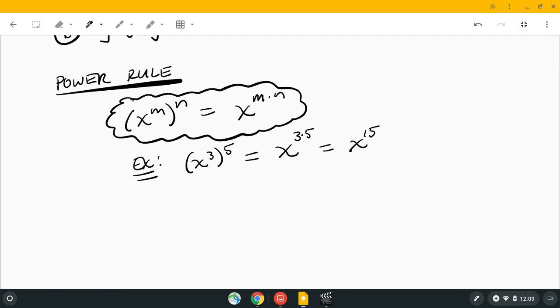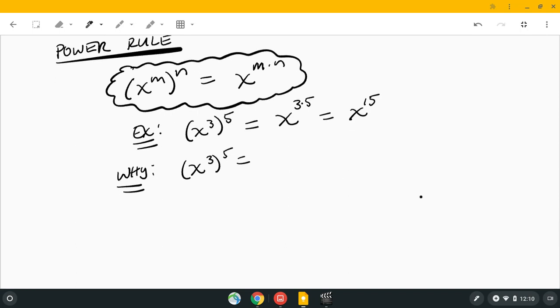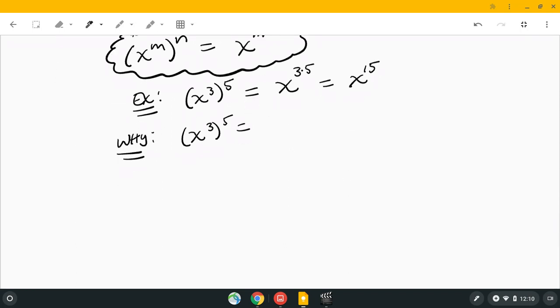Okay, so let's take a look at why. If I have x to the 3rd to the 5th, that means, if this is raised to the 5th, that x to the 3rd gets repeated 5 times. So we have x to the 3rd, x to the 3rd, 3, 4, and 5.